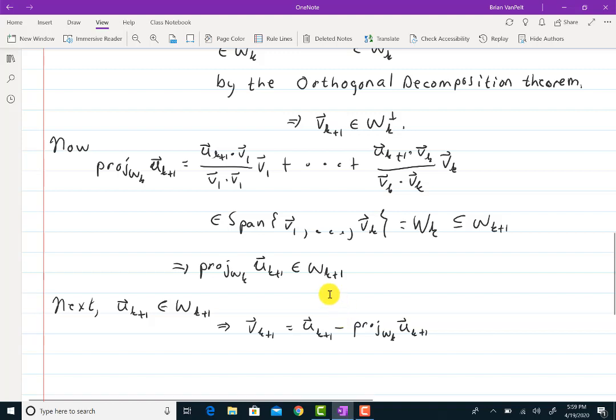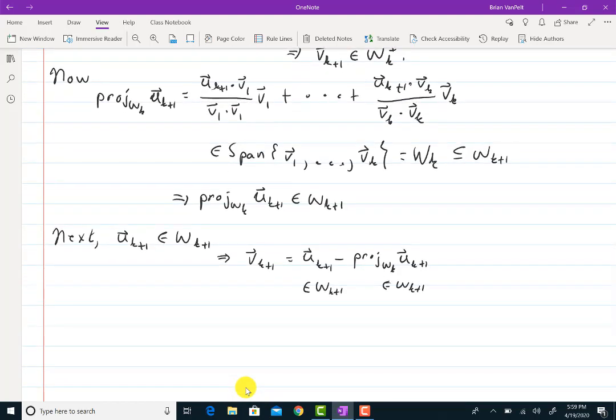Let's see what all we have here. u sub k plus 1 was in wk plus 1, so this is in w sub k plus 1. And then we showed this part was also in w sub k plus 1. So that tells me that v sub k plus 1 is in wk plus 1.